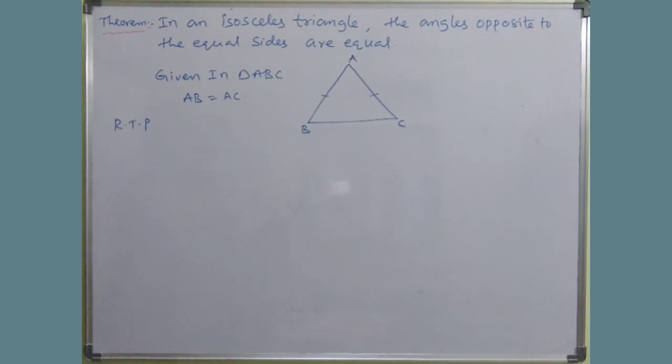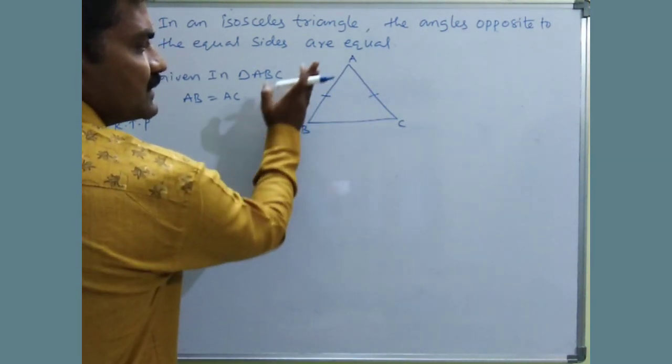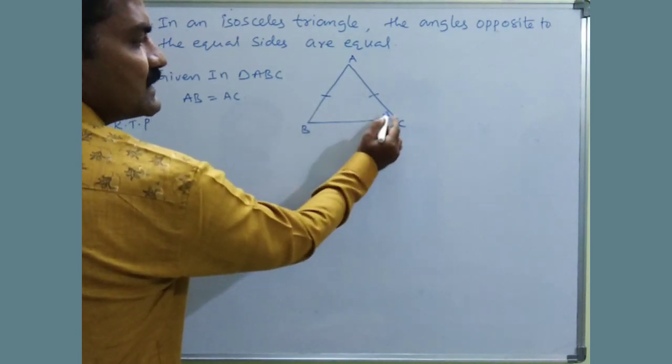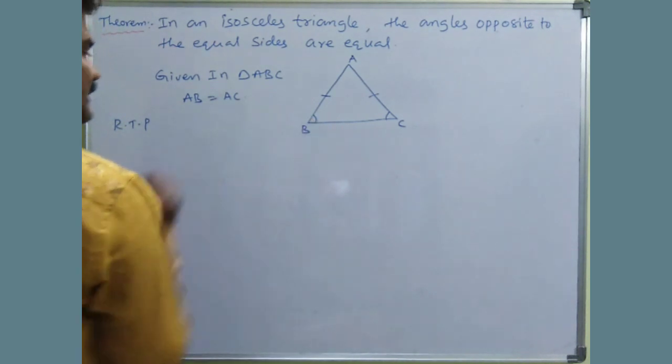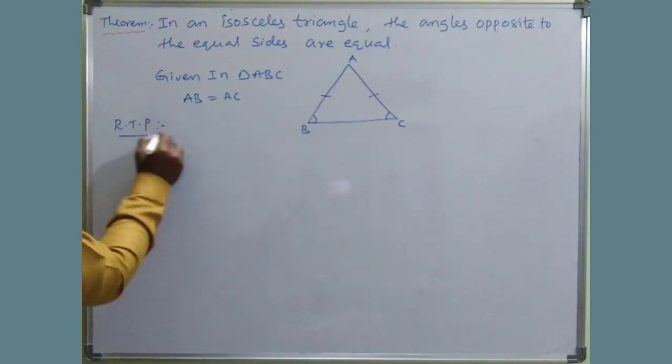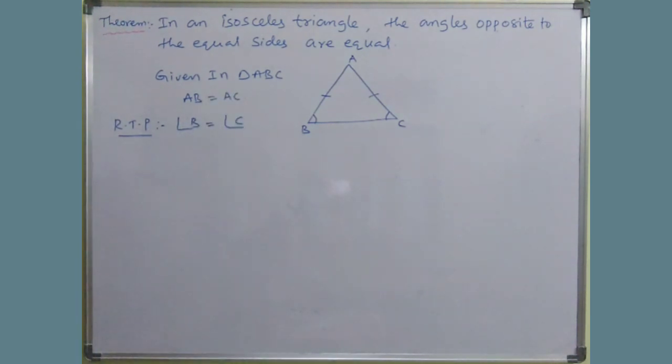Required to prove is the angles opposite to these equal sides. For this side the opposite angle is angle C, and for this side the opposite angle is angle B. So we need to prove that angle B is equal to angle C.